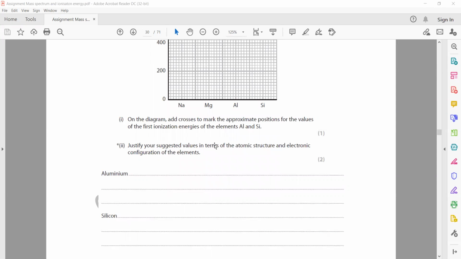For aluminium, the electron is removed from the 3p orbital, which is further away from the nucleus, and it will have greater shielding effect. If it has a greater shielding effect, it will have lower ionization energy.